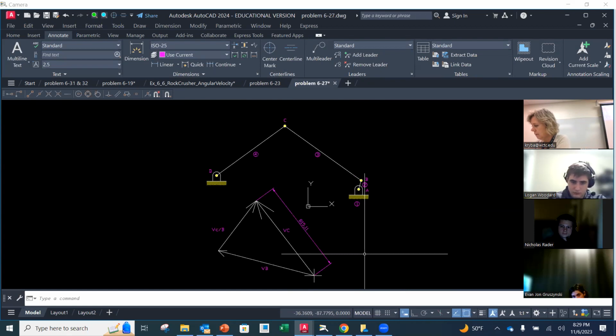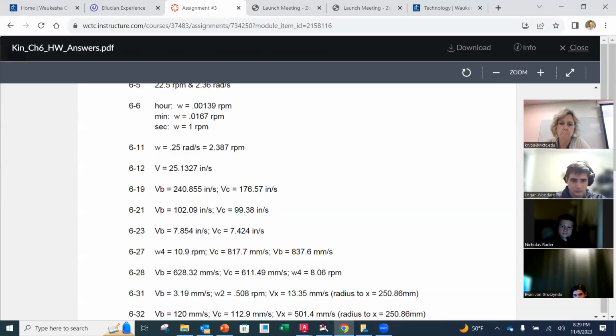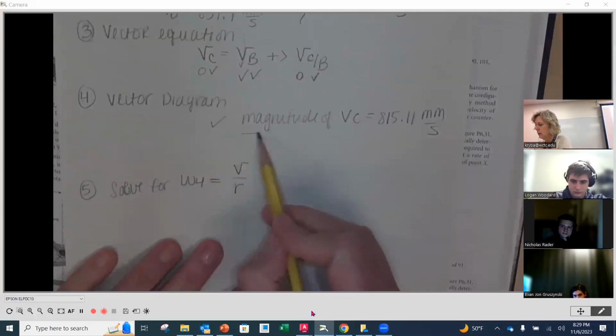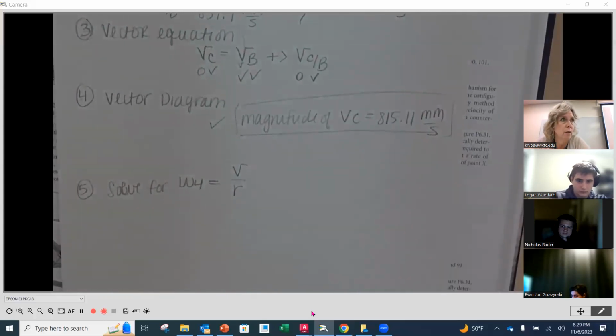And that's going to be millimeters per second. So instead of having to worry about units in your vector diagram and adding them to the dimension and all that kind of stuff, you can simply put in your handwritten notes of the calculations that you do, VC is equal to 815.11 millimeters per second, okay? You don't have to try to change the dimension to add the units or things like that on the CAD, okay?